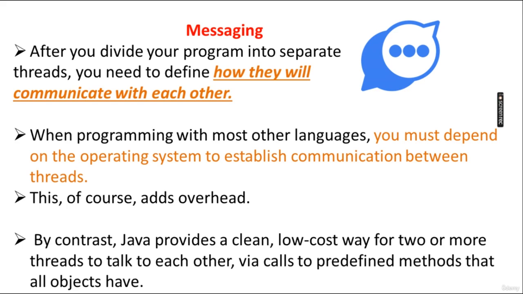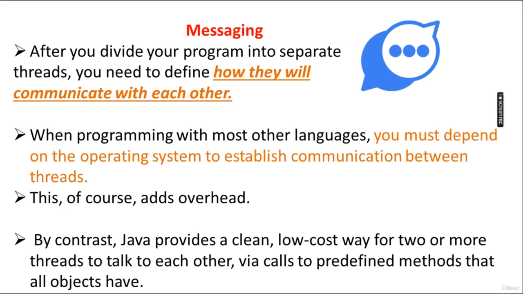When programming with most other languages, you must depend on the operating system to establish communication between threads, and this will add overhead in terms of time and effort. In other languages than Java, you have to depend on the operating system to communicate between the threads. You tell the operating system, and then it lets you communicate between your threads, which adds the time and effort required.